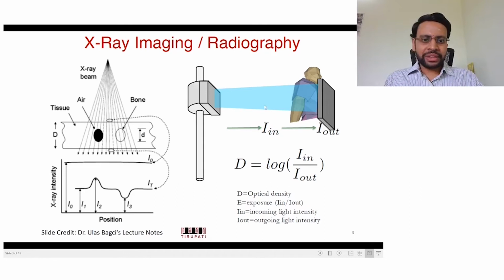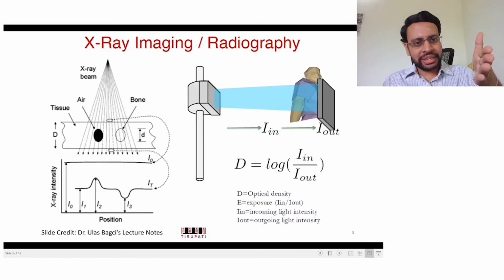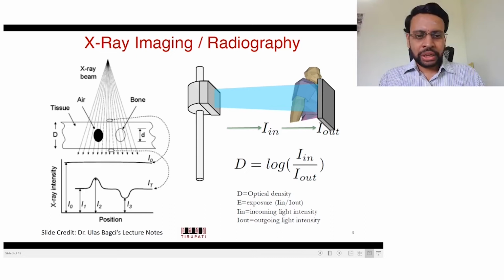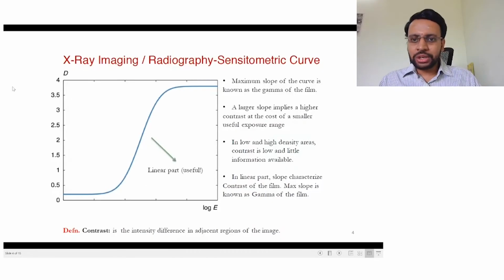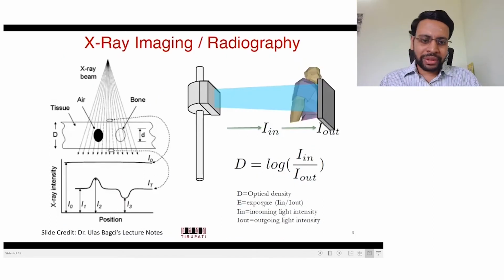So the profiling that we are calling here, I_in is the input intensity values of the X-ray beams, and whatever has come out of our object of interest and hitting the X-ray detector is I_out. Let's now take a look at, for example, what is the contrast that you would like to obtain here when compared to the ratio of input intensity to output intensity.